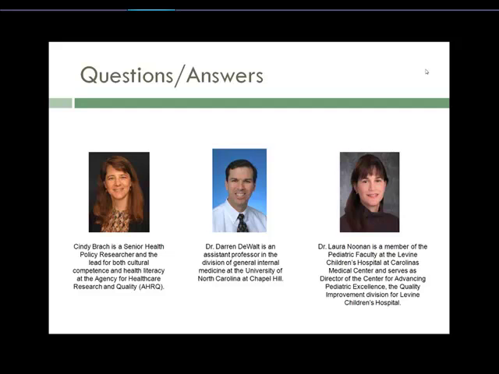So both sides of the coin are argued. I can say we just had a paper accepted for publication where we asked people their opinions on being tested, and we found that 90% thought it was probably a good idea, that their doctors should know how well they understand things, but 10% really didn't like it. And with most things in medicine, if 10% of our patients aren't going to like it, we ought to think twice before we start applying it to everybody. And we needed some good evidence that it helps us.